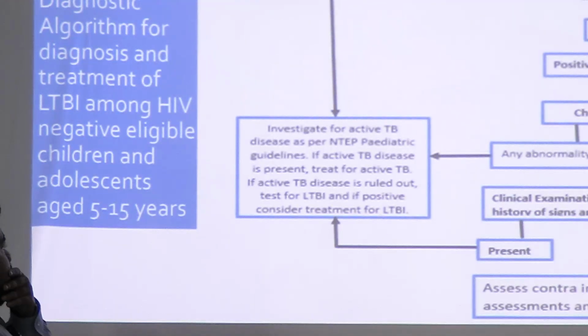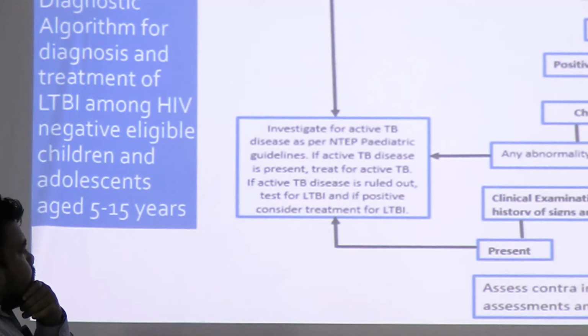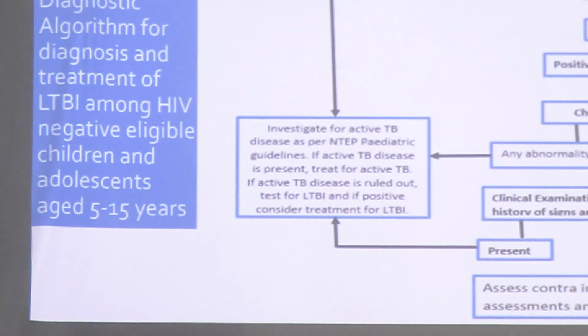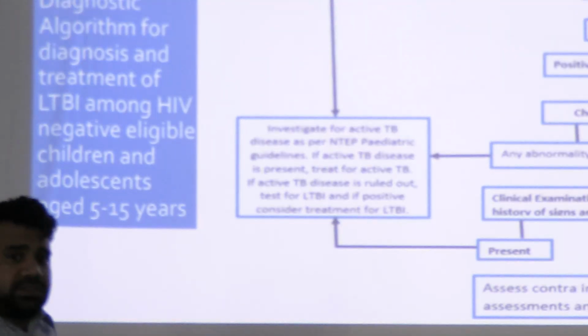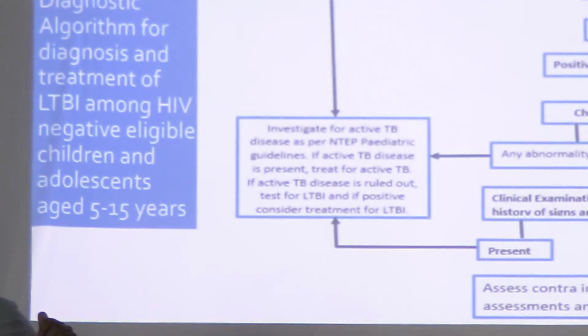I have already told you about this one. Now, to screen for active tuberculosis disease, the last class where we ended was how can we screen whether the patient is having the disease or not. You can get infected, but that doesn't mean you have the disease.